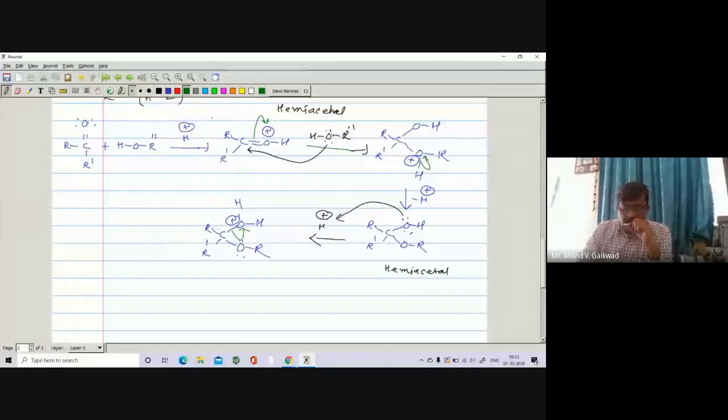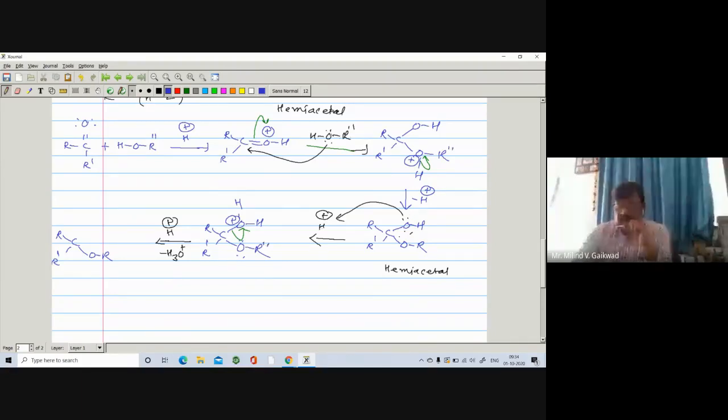Removal of water, because the OH is a bad leaving group. So in the presence of acid, there is a removal of water in the form of a hydronium ion, H3O positive, and you are getting here R, C, R dash, here is O, here is R. This R is coming from R double dash.